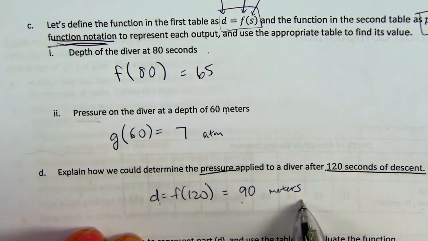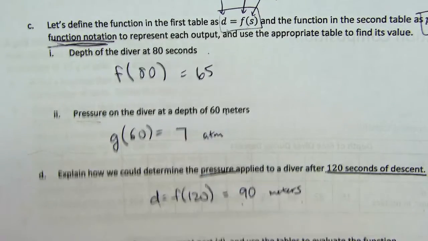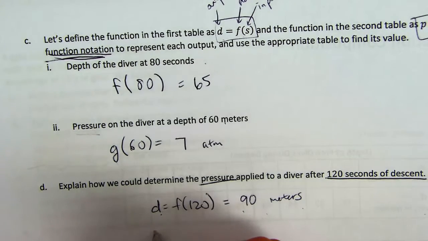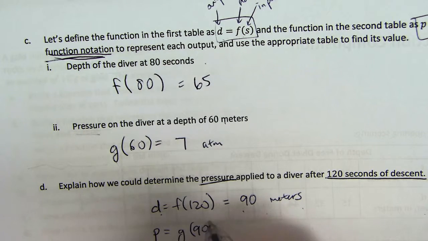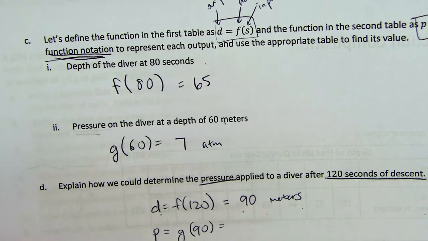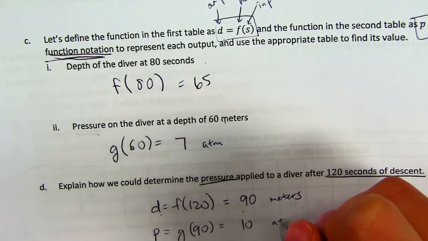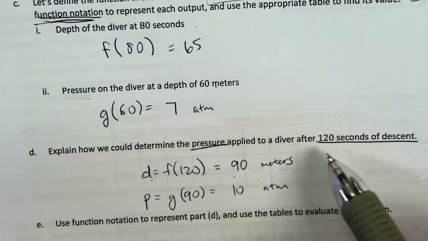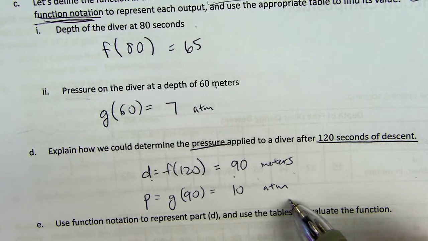Then with 90 meters I took a look at my second chart, which tells me my pressure based on the depth. So I get pressure is equal to g of 90 meters, and that output is 10 atmospheres. That is what I did. And that gives me 10 atmospheres.